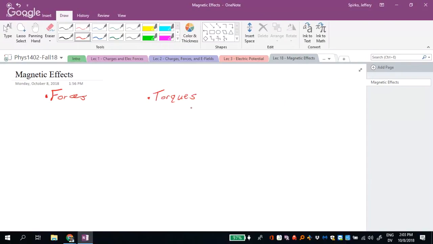If a force is an attempt to move something in the X, Y, or Z direction, a torque is an attempt to rotate something so that it is spinning or reoriented. And then we can also have induced voltages, which is what we're going to spend the next couple of weeks talking about.